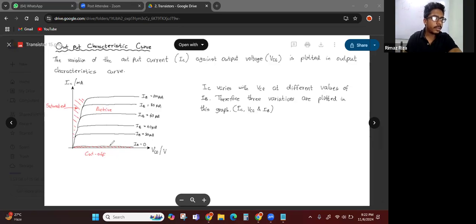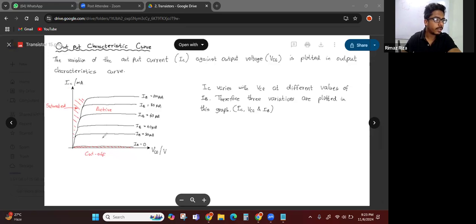Okay, good. So that is the cutoff region. If IB is 0, that means the BE junction is not biased, then no matter how much you increase the VCE value, IC remains 0. There is a small leakage current, but it is very small, negligibly 0. And then this is saturated.